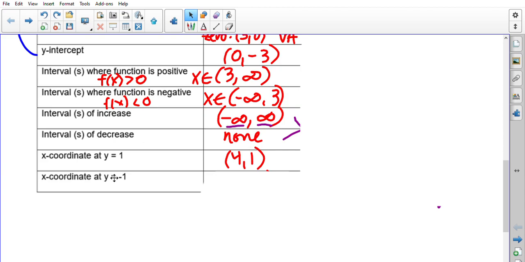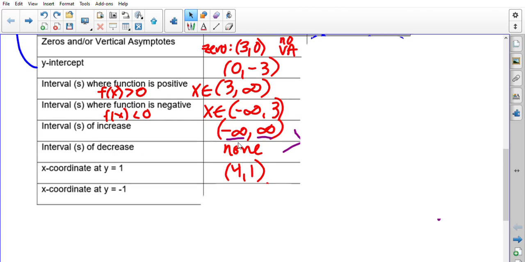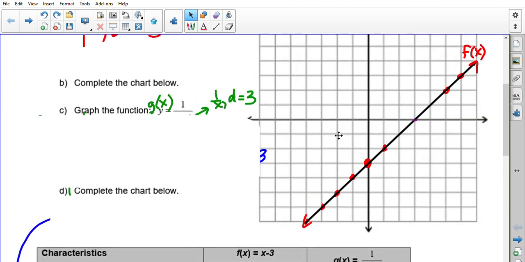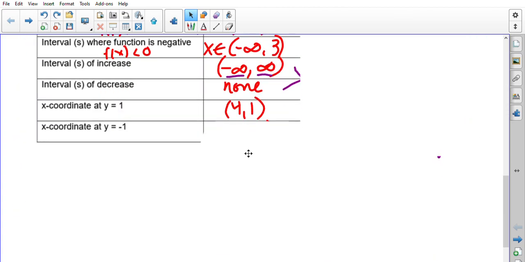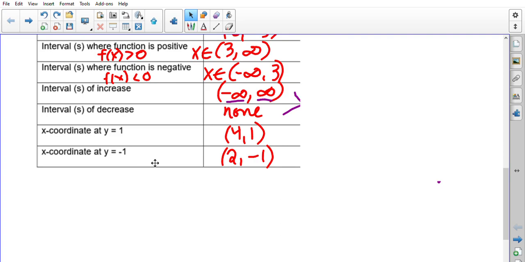Now I'm asking for the x-coordinate at y equals negative 1. So I go to negative 1 here. I go across to the graph, and it hits it at an x value of 2. So I'm coming down again, and I write that my x-coordinate is 2, and then y-coordinate negative 1. And these 2 points are going to be important when we go through the reciprocal.